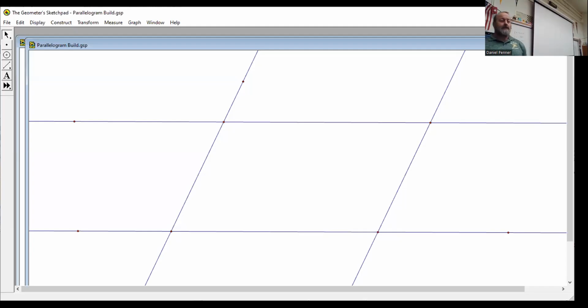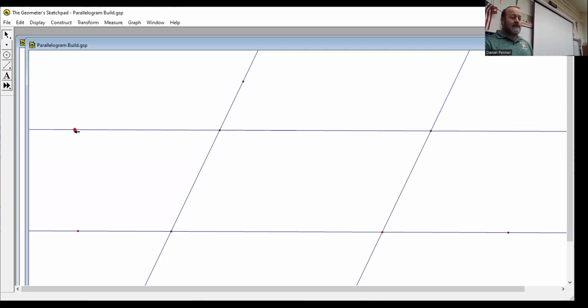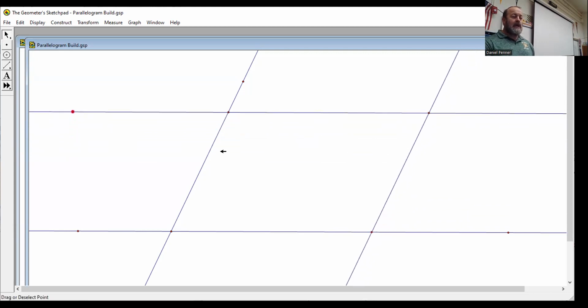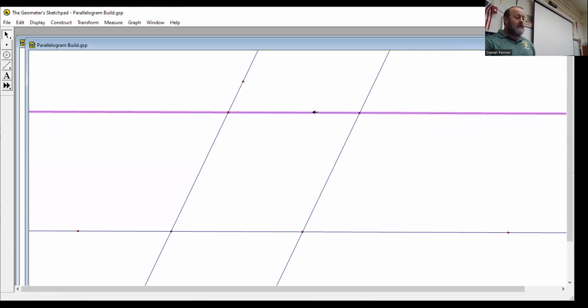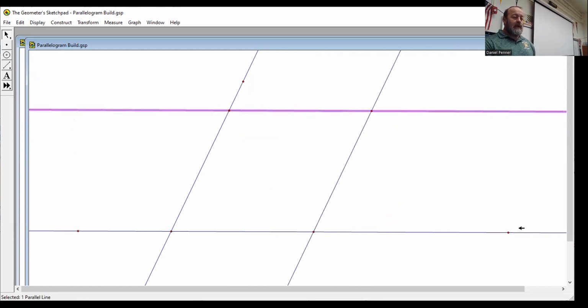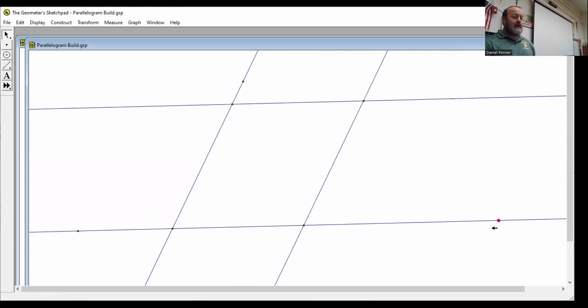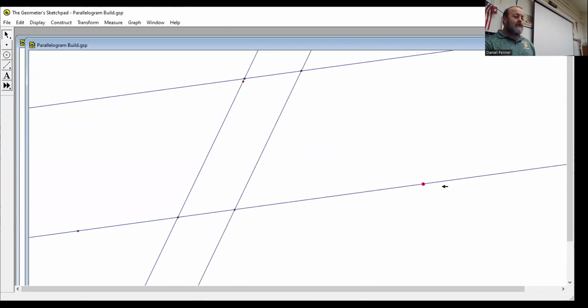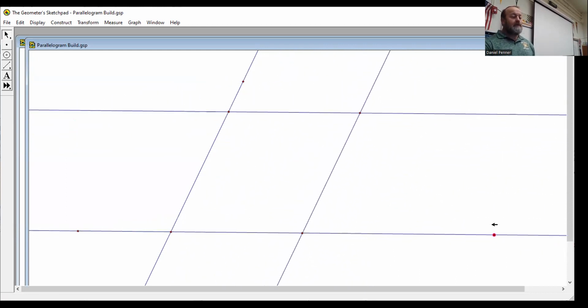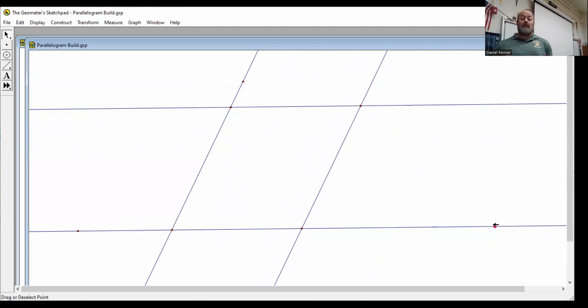In Geometer's Sketchpad, I created two lines right here that are parallel. Notice if I drag this one up and down, I'm creating these various lines in this shape right here in the middle. No matter what I do, I can drag things around, I've got a couple of points, and that region in the middle is going to be a parallelogram because I forced the problem just to make parallel lines.